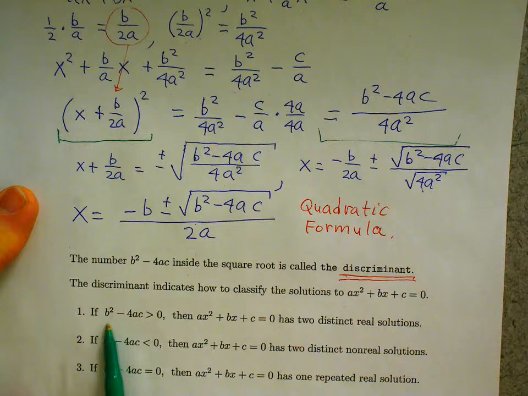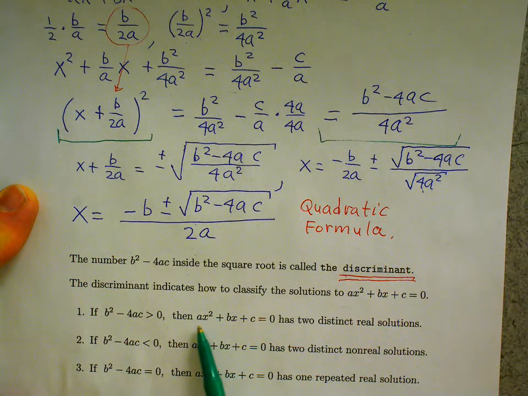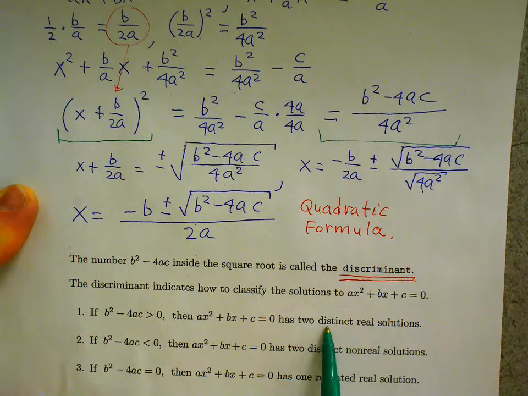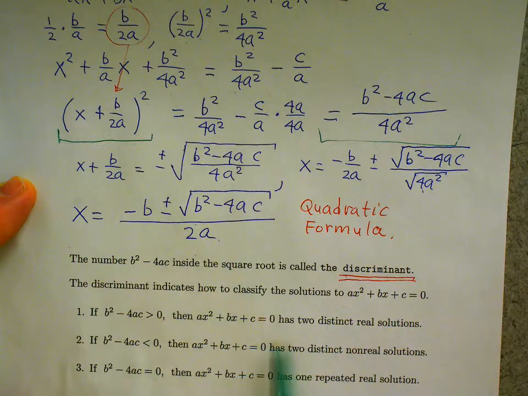If the discriminant is positive, that is, if b to the second minus 4ac is greater than 0, we know that the square root of a positive number is a real number. So that means that the quadratic equation has two different, or two distinct, real solutions. The formula itself indicates that that's the case.